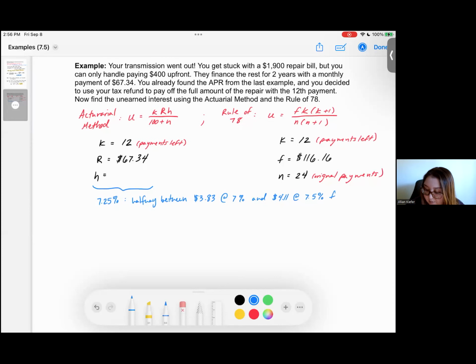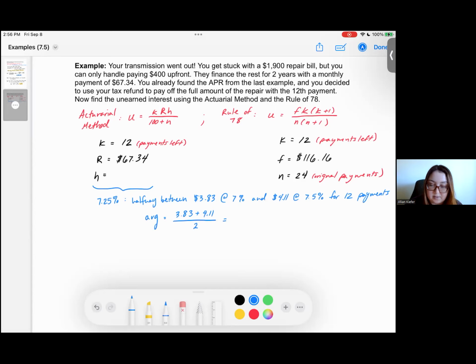And remember, this was for 12 payments. So we'll find the average of those values. Remember, for our average, we take each value, add them together, and divide by 2. So we'll take 3.83 plus 4.11, divide by 2.